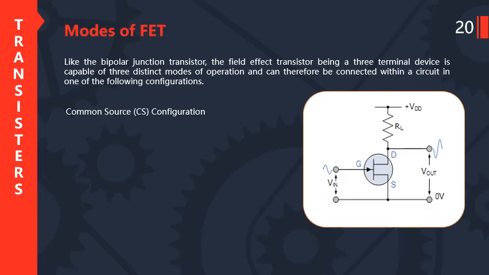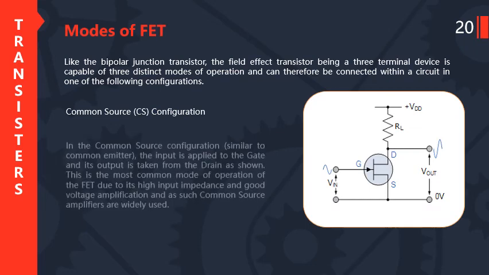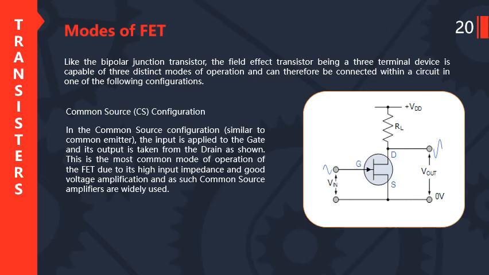This is the diagram of common source configuration. In a common source configuration, the input is applied to the gate and its output is taken from the drain, as shown in the figure. This is the most common mode of operation of the FET, due to its high input impedance and good voltage amplification, and as such common source amplifiers are widely used.